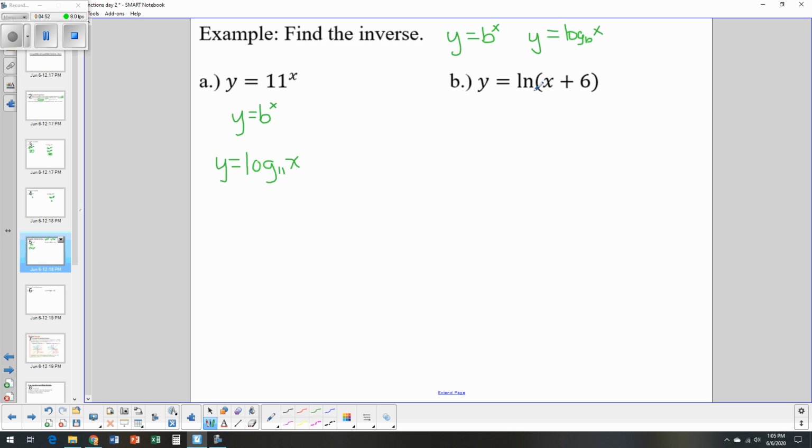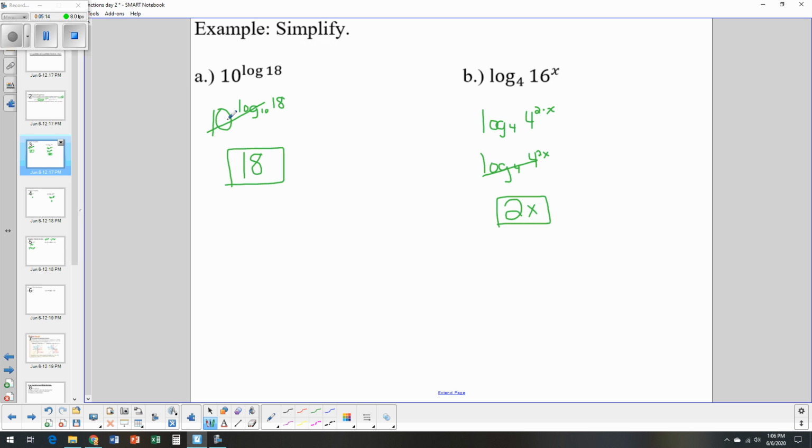For the natural log, it's a little different. We don't have the actual inverse written for a natural log. But if you recall, the natural log's base is e. So what I can do to get rid of the natural log is raise it to the e power. Anytime we had something and then the log with that same base, they canceled out to just give us that value.